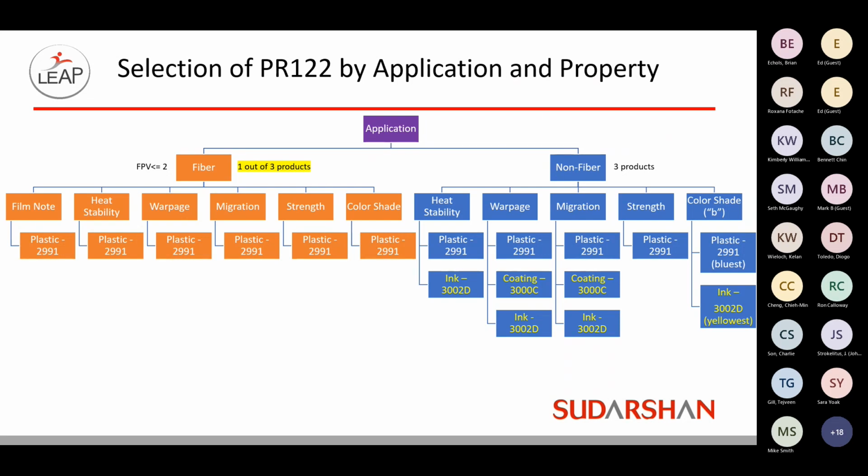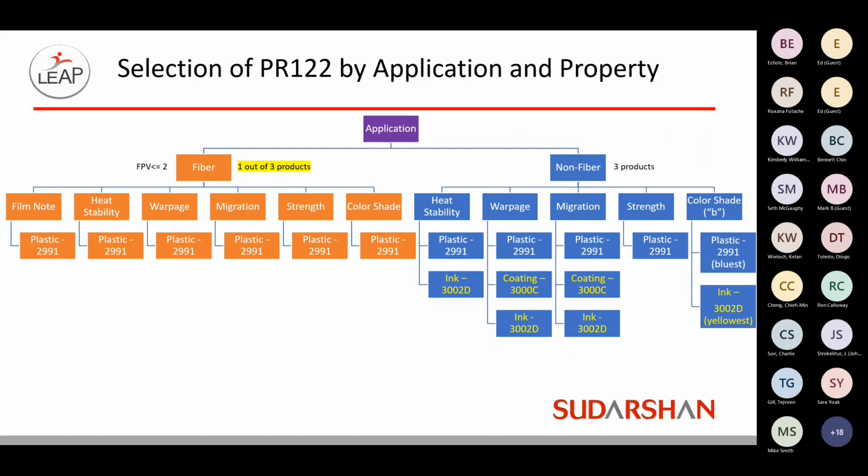And then it's a deeper dive into each of the technical properties. If it's heat stability, then we have 2 options, the plastics, of course, and the inks grade were very good in this particular property. Warpage, all 3 fit the bill. Migration, again, all 3 fit the bill. Strength, we saw that the plastics grade appeared to have the highest response there.